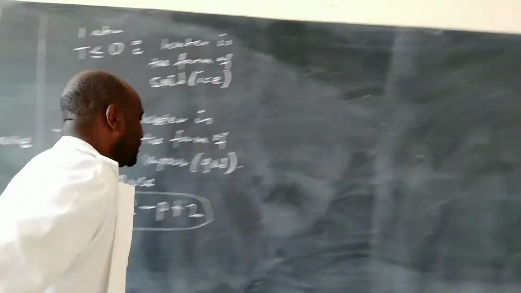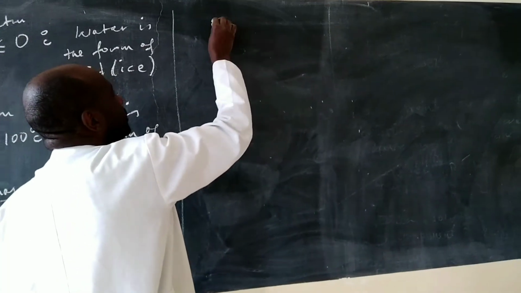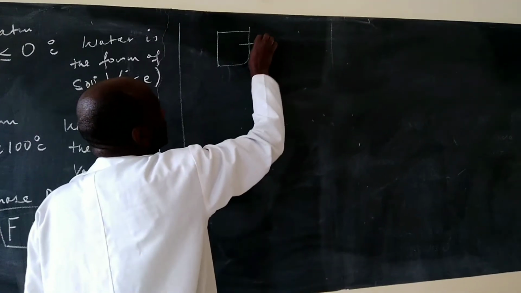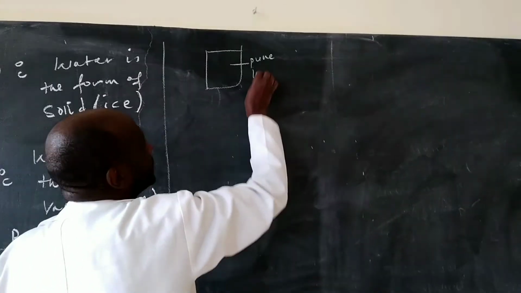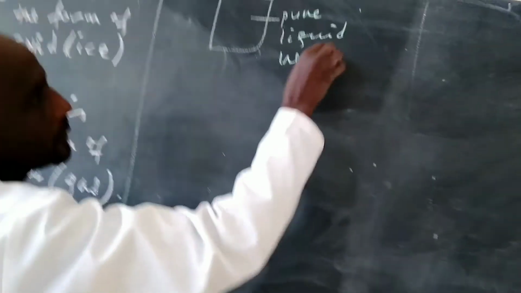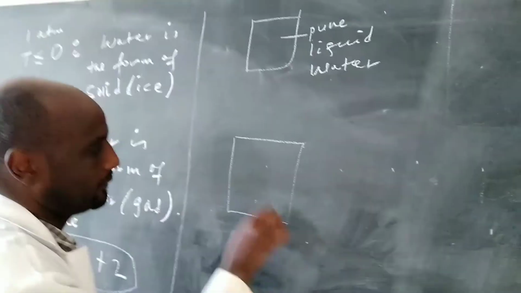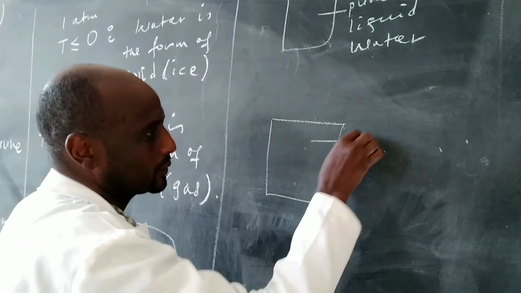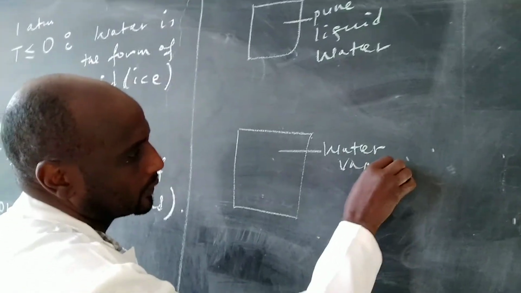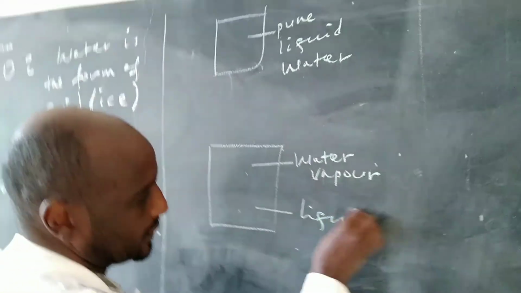Now for example, let's say we have pure water. Let's say this is pure liquid water. And let's say here we have water vapor and liquid water.